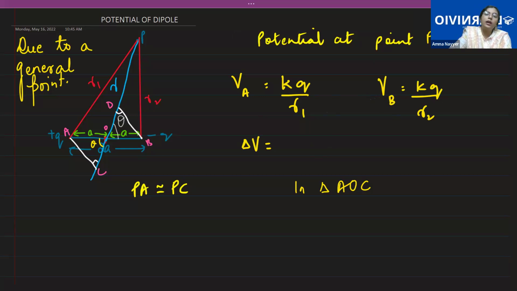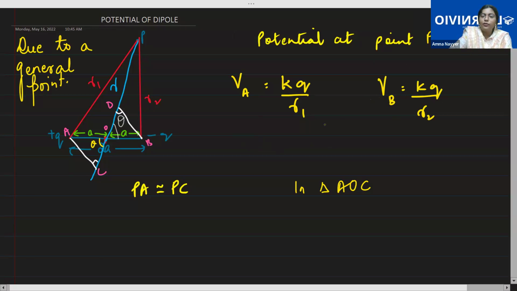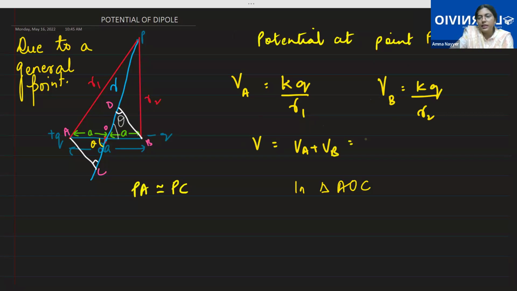If I want to calculate the net potential at point P, I can simply add VA plus VB. That is kq by R1 plus kq by R2. So kq can be taken common: 1 by R1 plus 1 by R2.